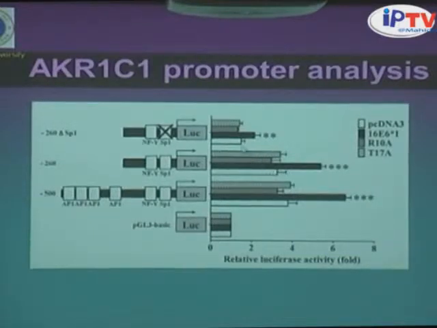The basal level of the cell also dropped by half, and also in the presence of the virus, the activities also drop. Meaning that the SP1 site is important for both the basal level of the AKR1C promoter activity, and also for the virus to mediate their action.